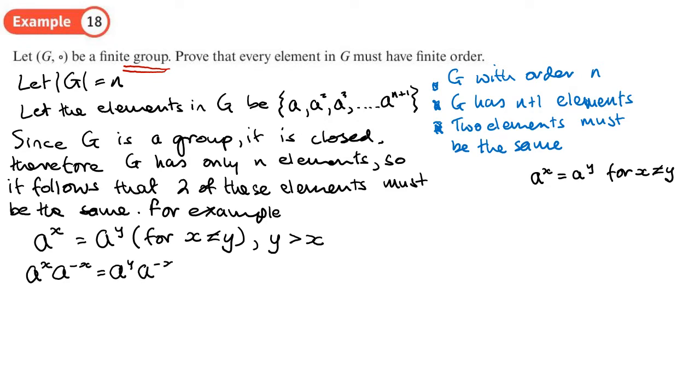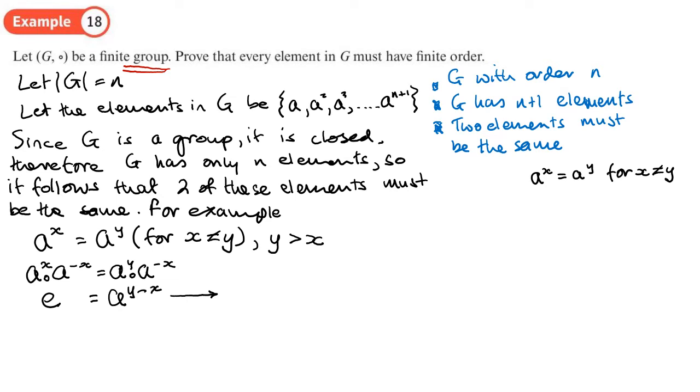Since I've just combined an element with its inverse, I suppose really I should be putting a little circle here to show that I'm doing a binary operation. This just makes e, and I can combine the powers here and write this as a to the power y minus x.